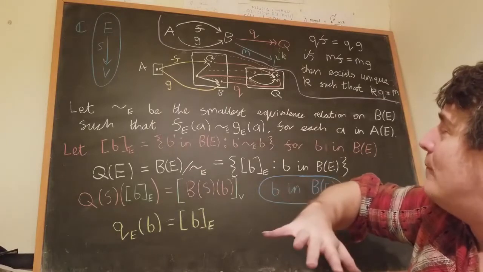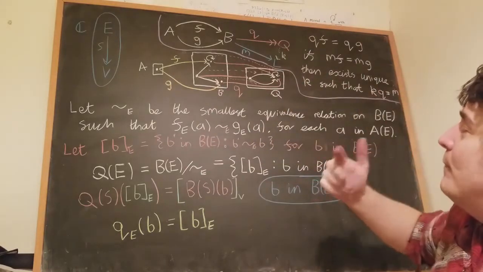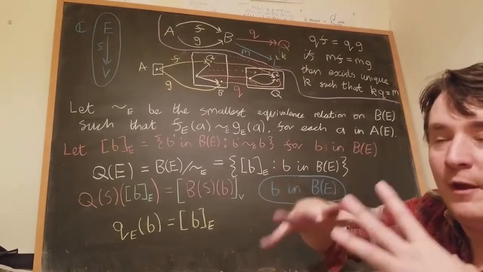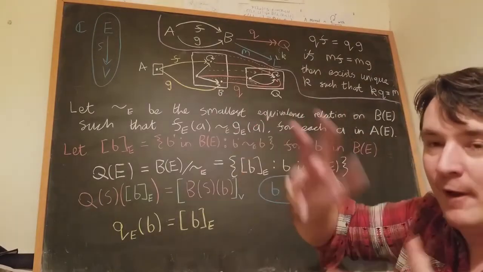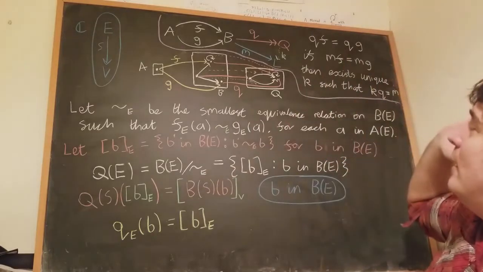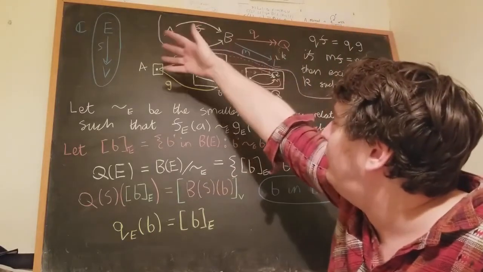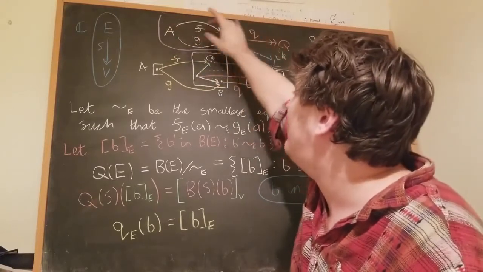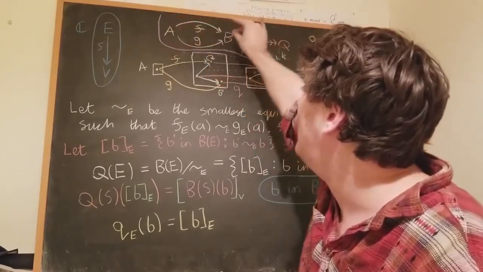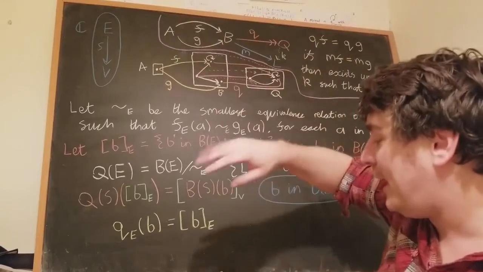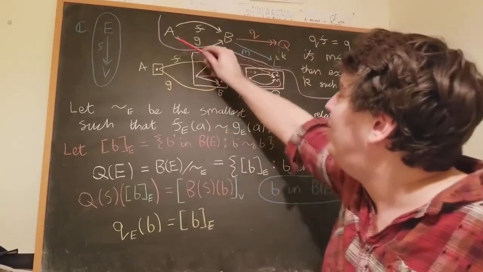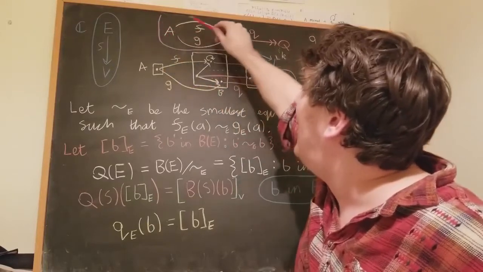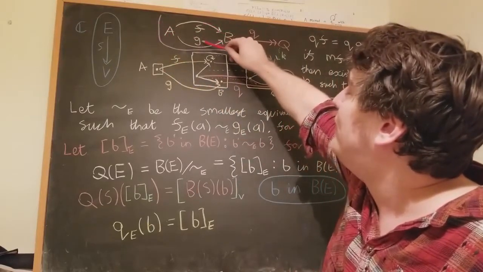So co-equalizers are an important idea, and like equalizers, they're a way of finding something smaller than one of the objects involved, in this case with a parallel pair of arrows. Remember, with an equalizer, we find the stuff in A where doing f on it gives the same thing as doing g on it.